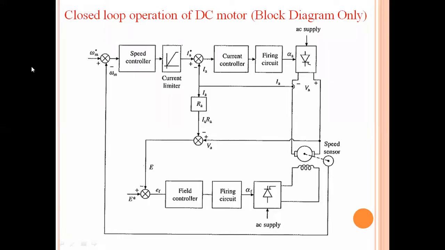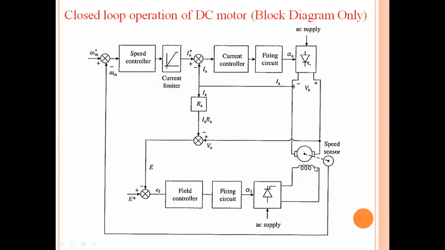So already, if your motor is running at a constant speed and you want to change the speed, suppose let us take, if the motor is running at 1500 rpm and we want to raise the speed to 1800 rpm, this is the reference speed here. So initially this is kept at 1500 rpm.